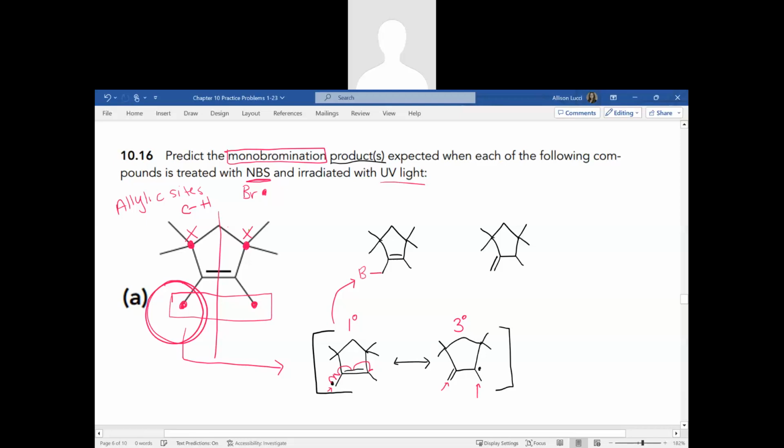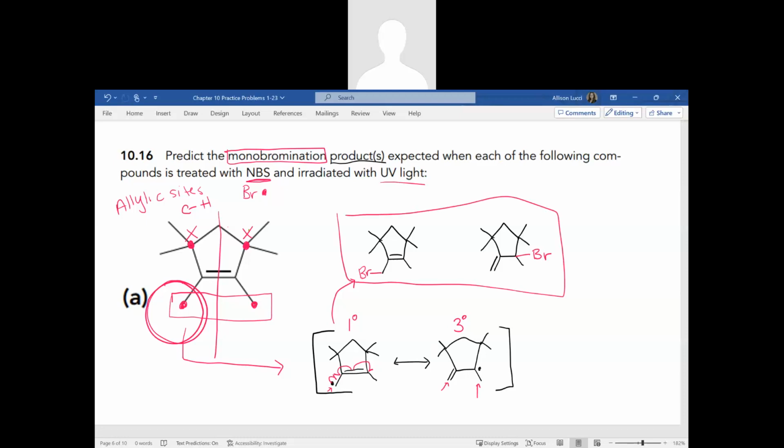So we would add right here from the radical, that was the primary site radical on the left. And then over here, our tertiary site would produce this compound. So you can see that these are monobrominated products, both of these up here. And due to that resonance stabilized allylic radical, we can have two products form.